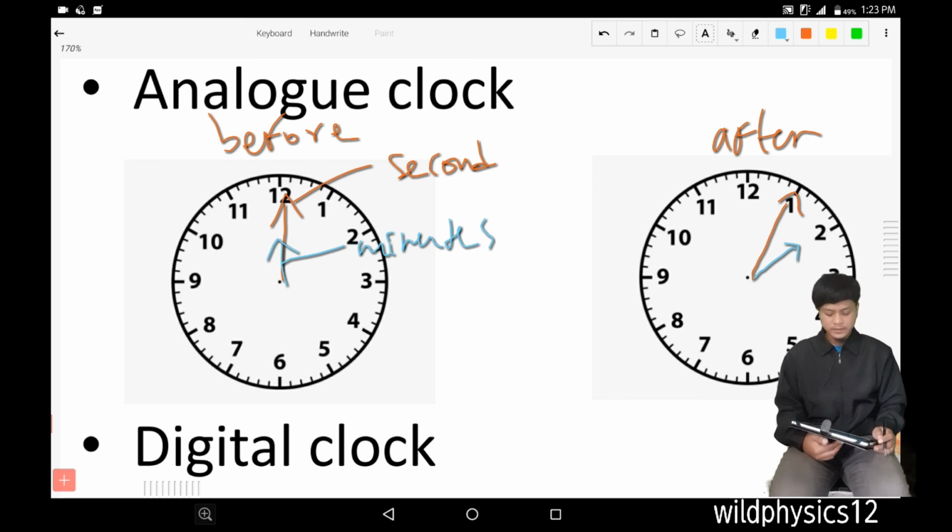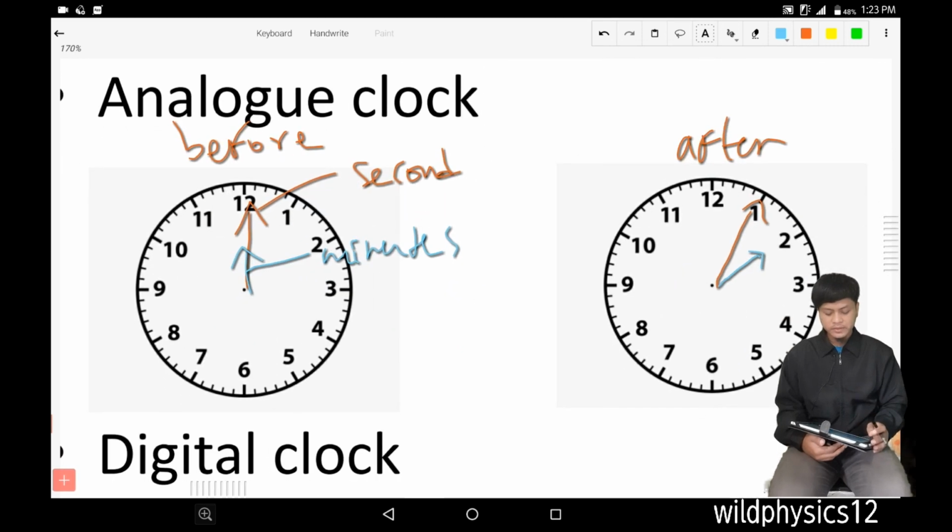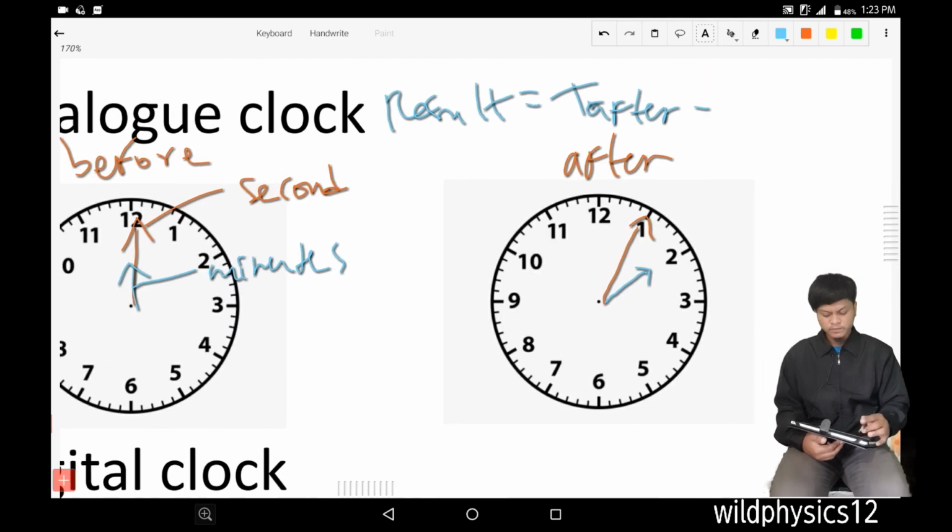It means that we can measure the interval time by simply using time after minus time before. So the result of the measurement is time after minus time before.